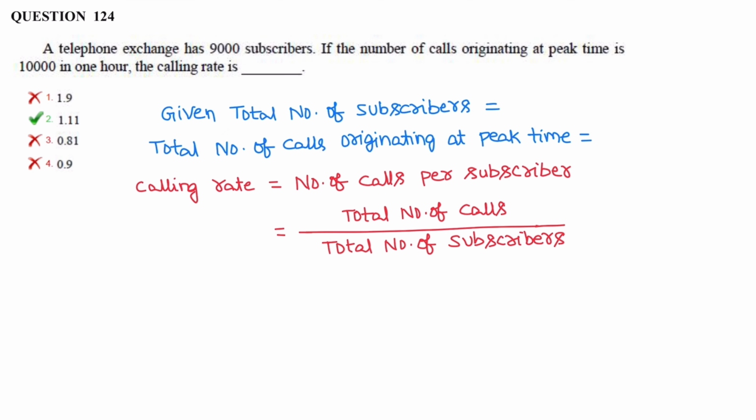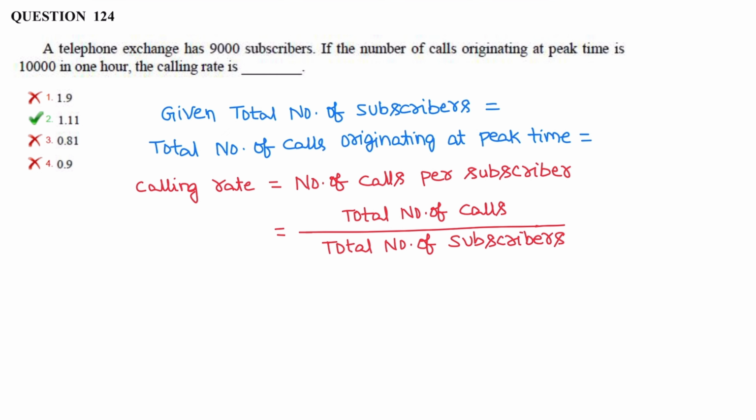Question number 124. A telephone exchange has 9,000 subscribers. If the number of calls originating at peak time is 10,000 in 1 hour, the calling rate is given. Total number of subscribers is 9,000 and the total number of calls originating at peak time is 10,000 per hour.